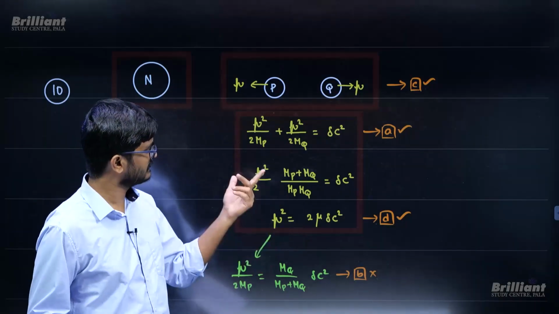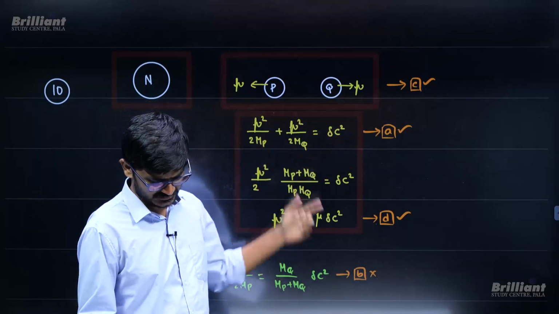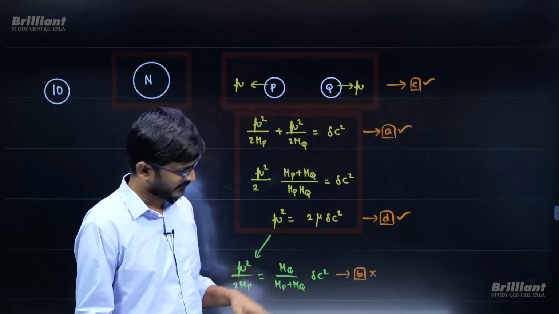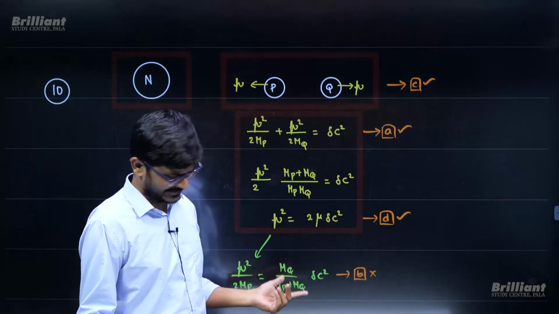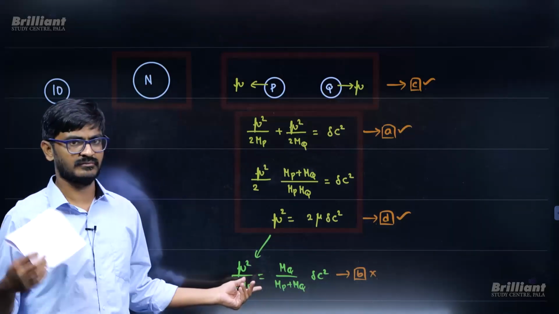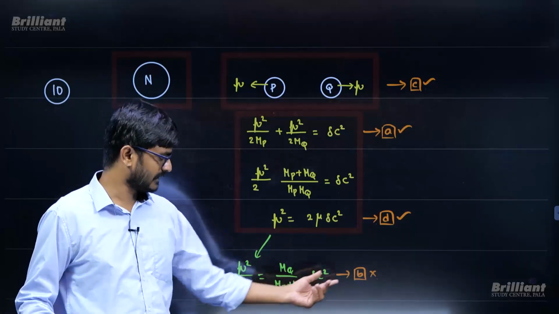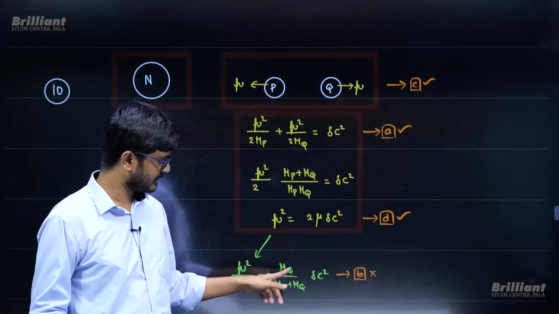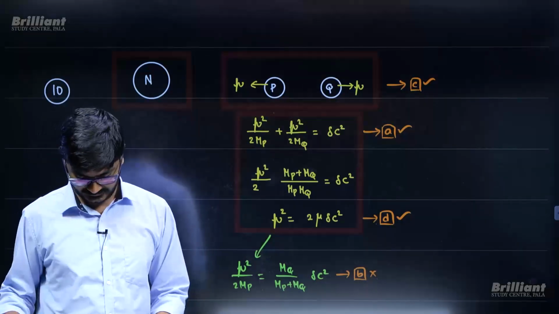Any option missed? This is option A: total energy will be delta c square. Then option D, momentum, then kinetic energy of P is P square by 2 times the mass of P, so you can substitute, but that is not matching because the numerator in the question had MP.